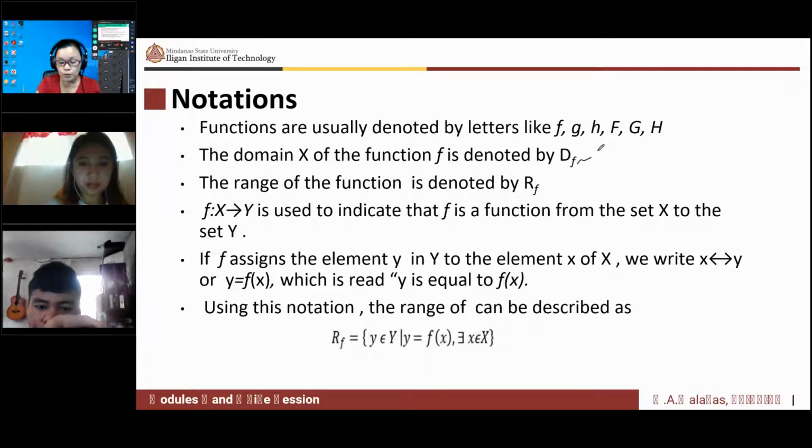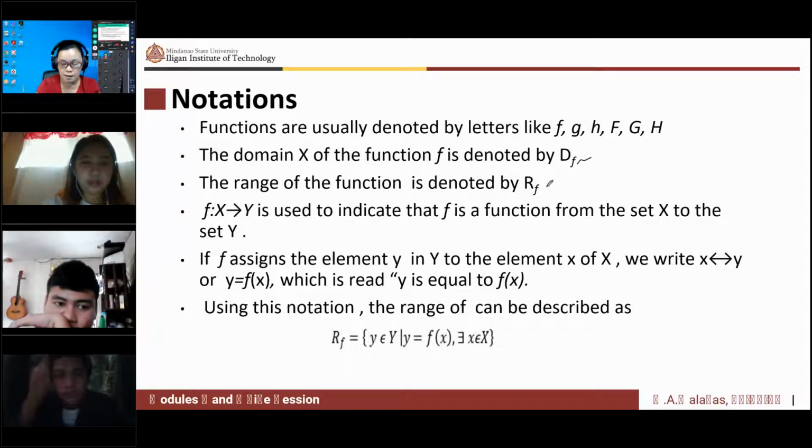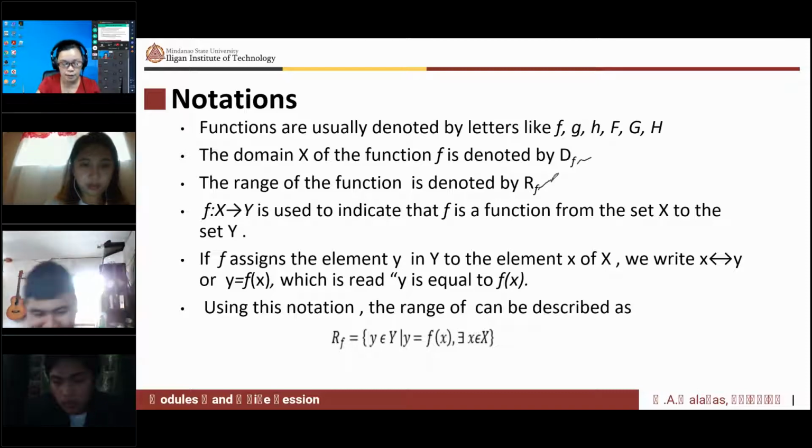So if we refer to the function g, the subscript is changed to g. So it will be d sub g. If the function is clearly stated, we can actually eliminate the subscript. So the range of the function is denoted by r sub f. Okay, again, the subscript refers to the function we are talking about.